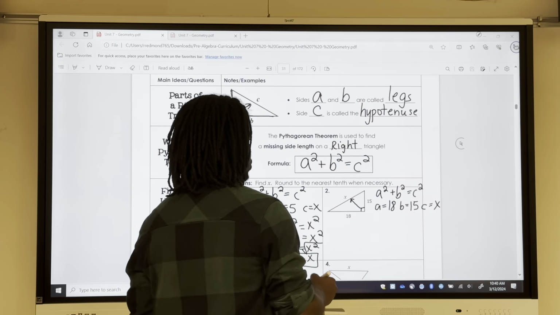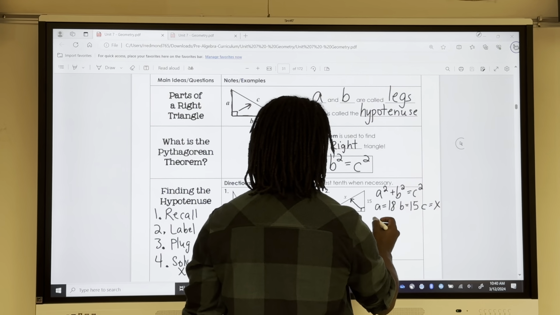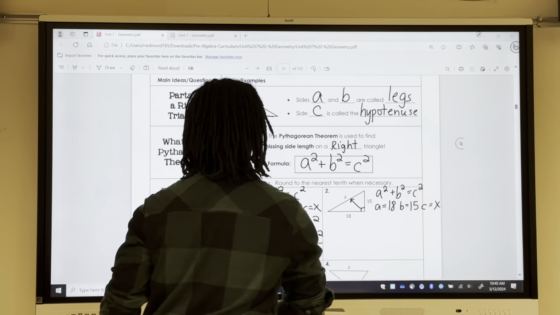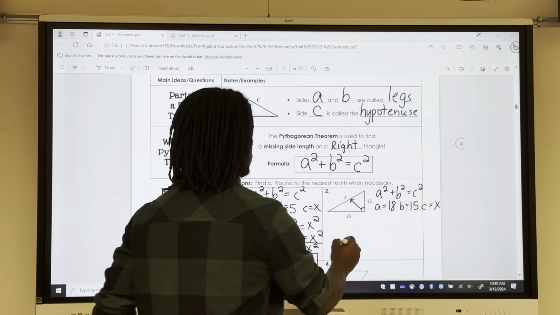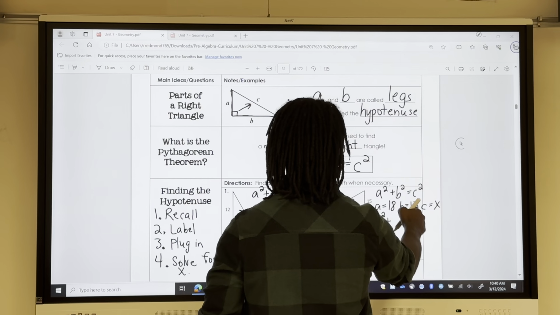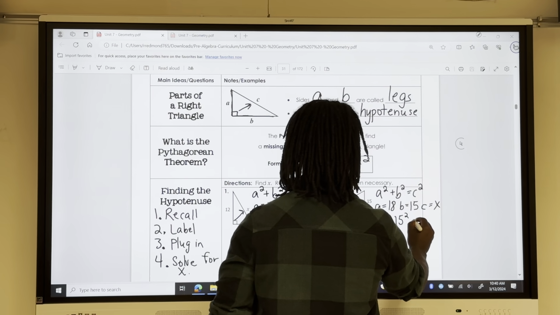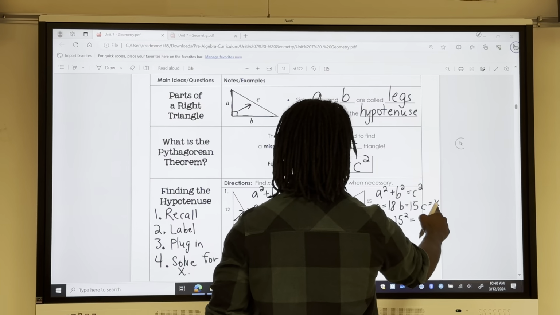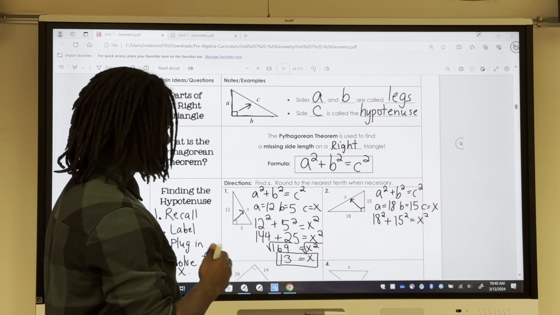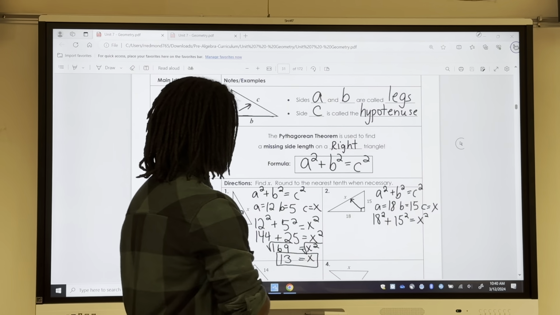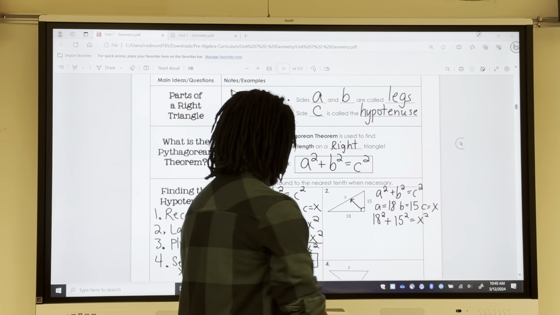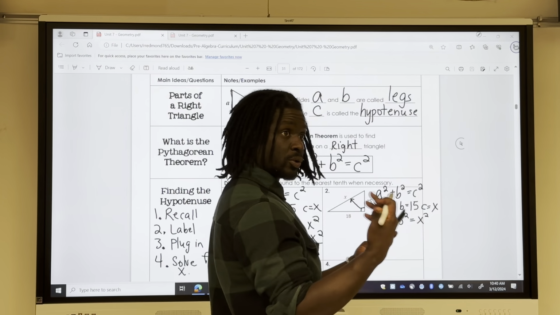Now we're going to plug these in. So we have 18 squared plus 15 squared equals x squared. Now to solve for the x, I'm going to actually square these. So 18 squared, I don't know what 18 squared is.